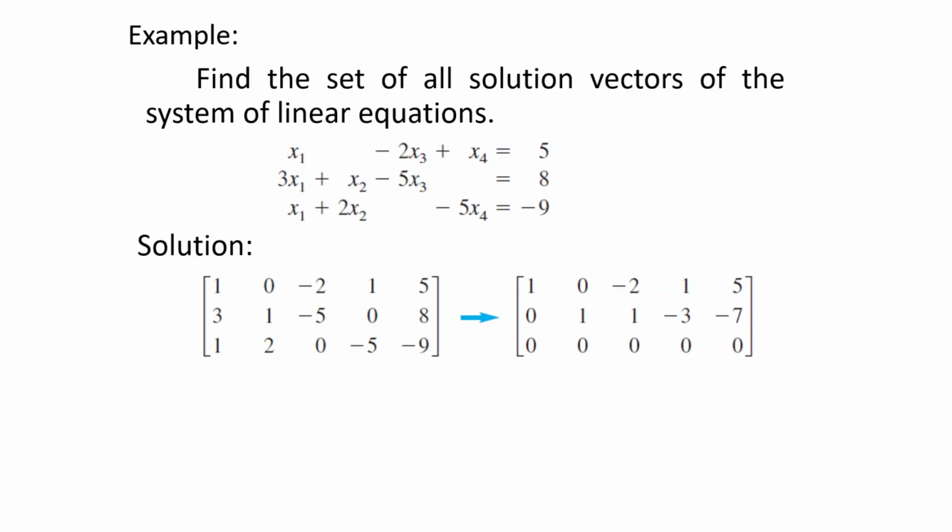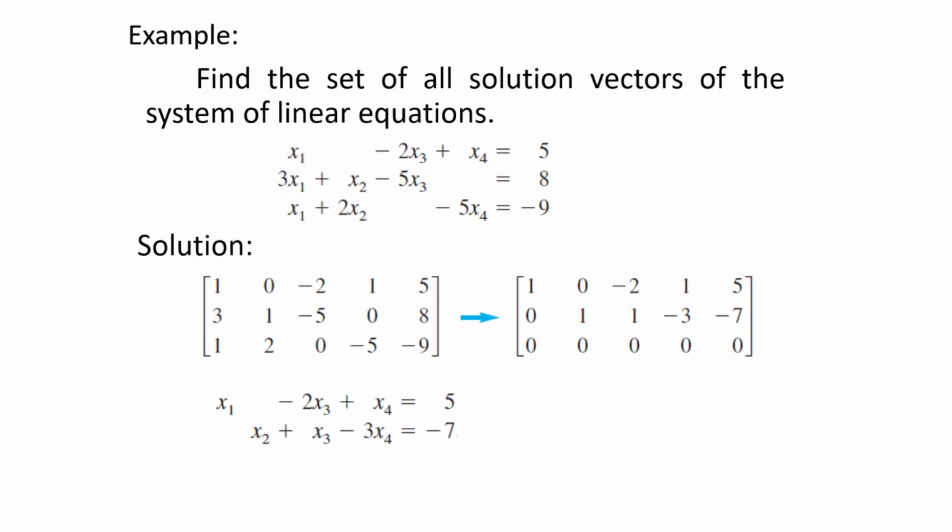So for the linear system corresponding to this reduced row echelon form, we have this one. Now observe that we have 2 free variables because we have 2 equations but 4 unknowns. So we have x sub 3 and x sub 4 as free variables.